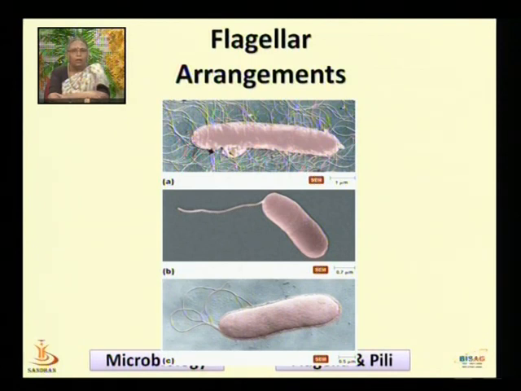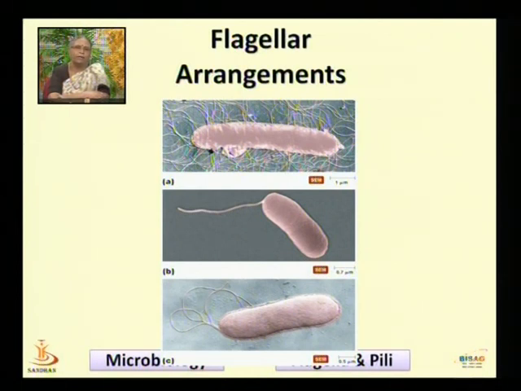You should also know that while observing movement under the ordinary microscope that we use in the laboratory, we can see the movement of the bacteria, but we can't see the flagella even though they are there. That is due to the extremely small diameter of the flagella, which falls below the limit of resolution of the light microscope.